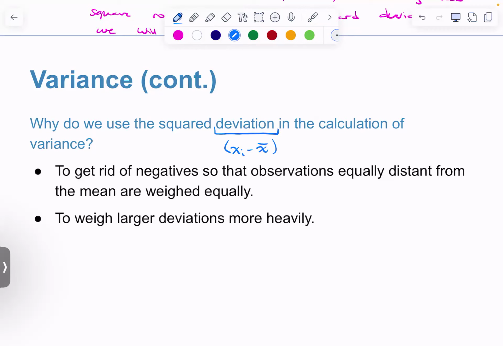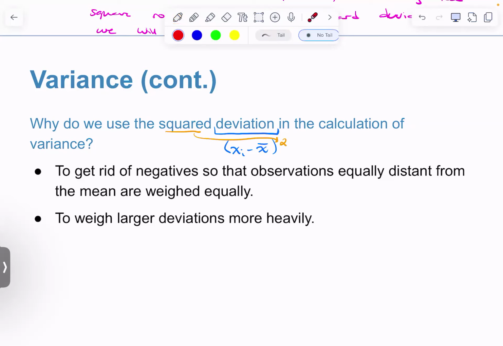It's just a generic, any observation, xi. So that's the deviation: for any observation, how far is it from the mean? And then the squared deviation is that squared.